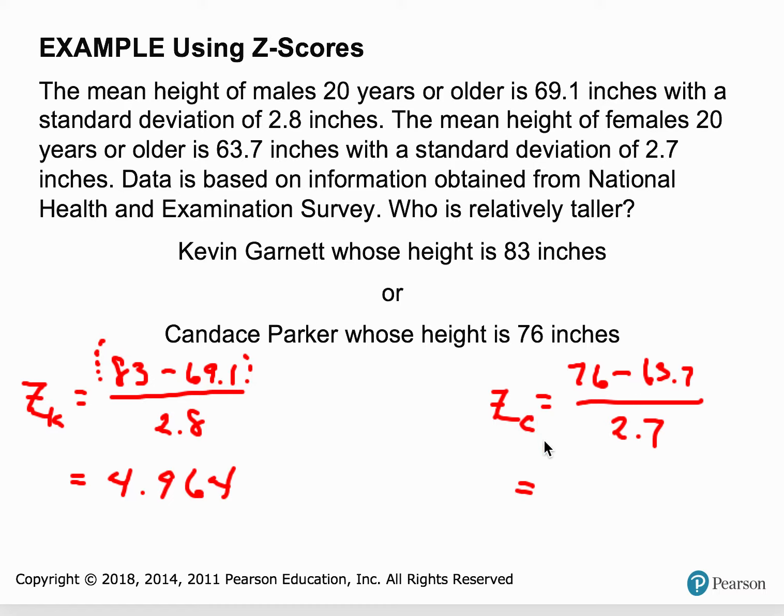And for Candace, we have 76 minus 63.7 divided by 2.7, which is 4.556. So in this example, not only is Kevin physically taller, he's also relatively taller, right?